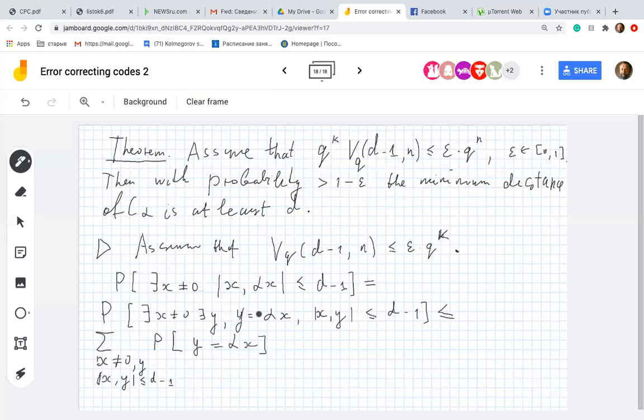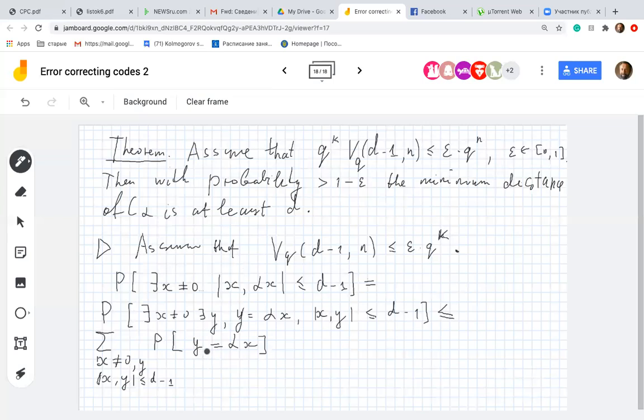We use the fact that only one part depends on the choice of alpha. But if y is equal to alpha x, that means alpha is equal to y over x, and for each particular y and x there is only one such alpha.